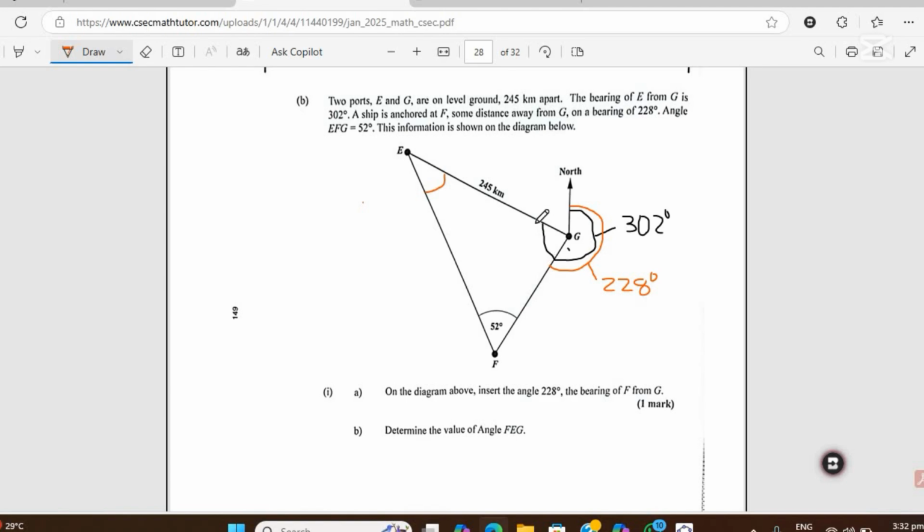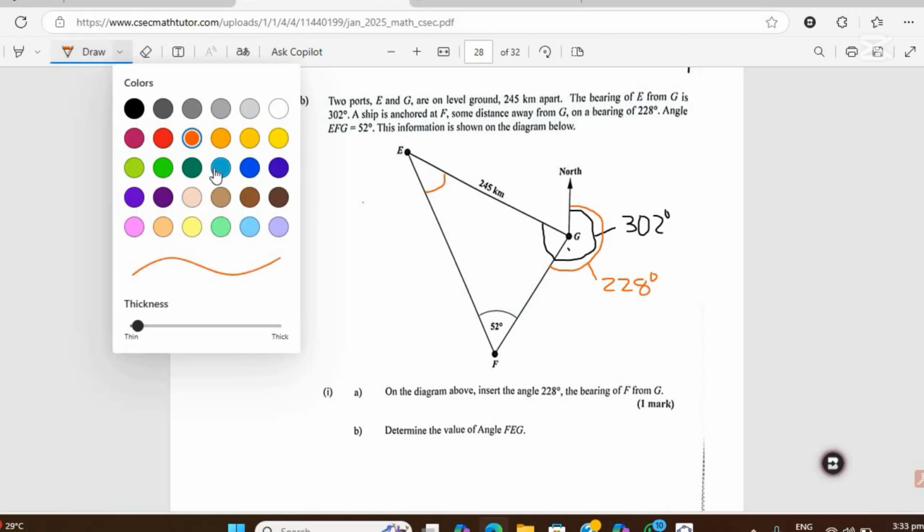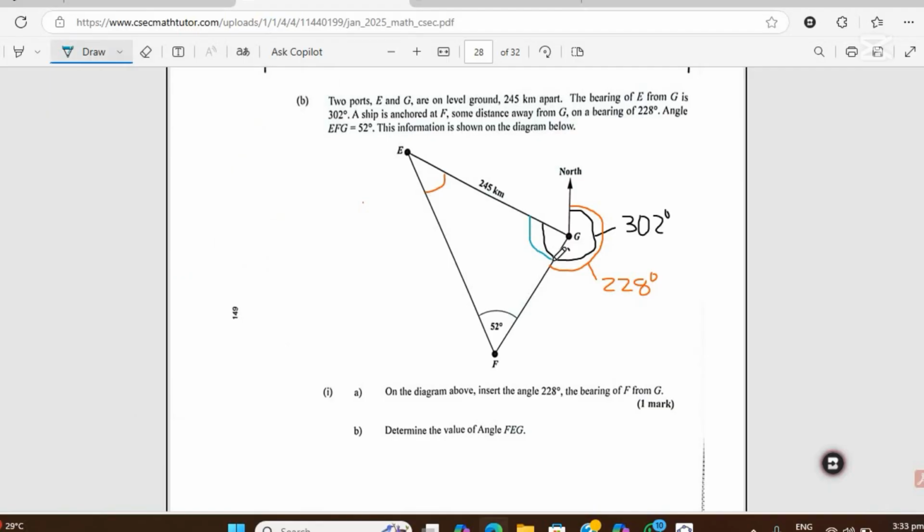What is the remaining journey right here? So if the full journey up to this point is 302 and I did part of the journey and did 228, are you thinking what would you have done to get the remaining angle inside? Let's see if we can highlight that angle. I want this angle right here.